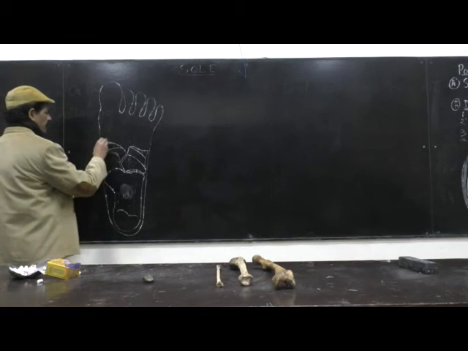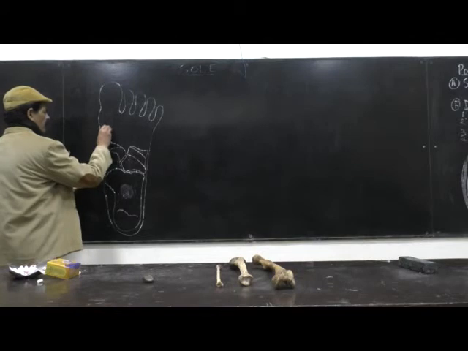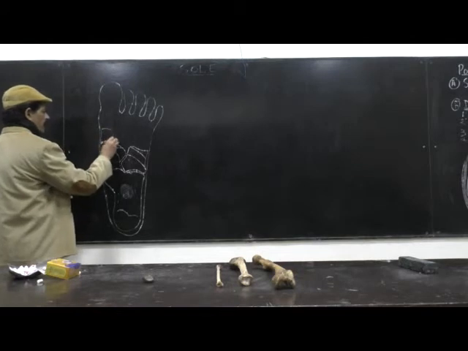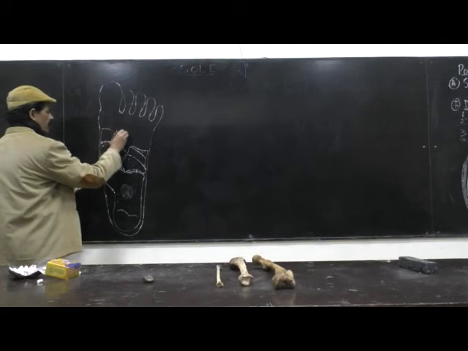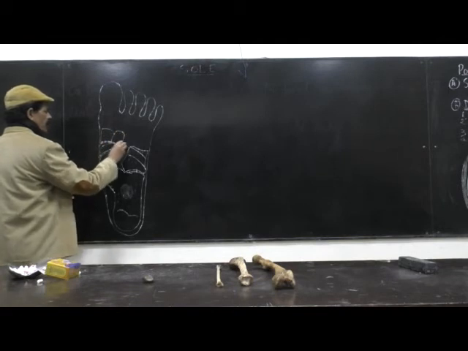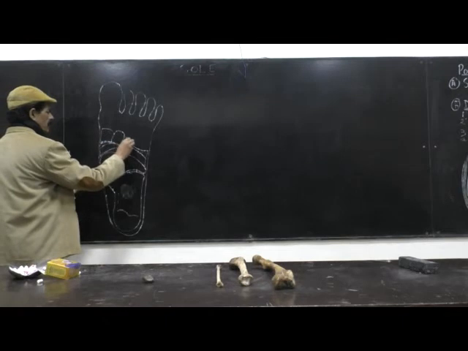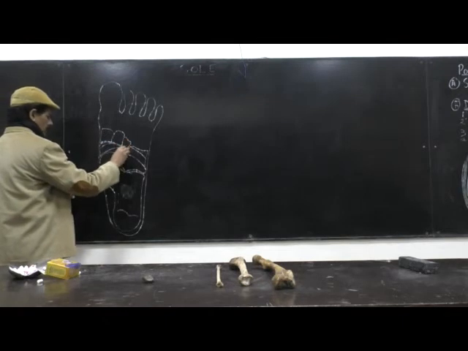Then anteriorly, this navicular bone has three cuneiform bones attached to it: medial, intermediate, and this is the lateral cuneiform bone.